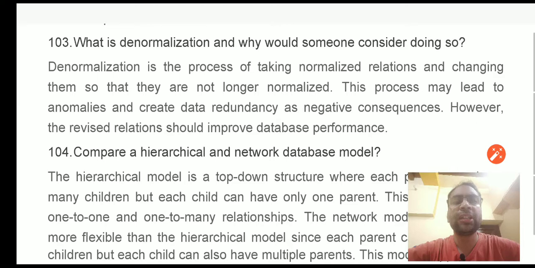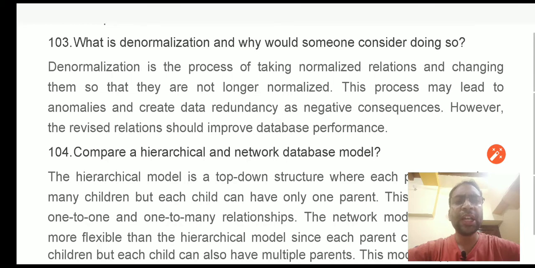What is denormalization and why should someone consider doing so? We have heard about the term normalization. The reverse process of normalization is known as denormalization. Denormalization is the process of taking normalized relations and changing them so that they are no longer normalized. This process may lead to anomalies and create data redundancies as negative consequences. However, the revised relation should improve database performance.